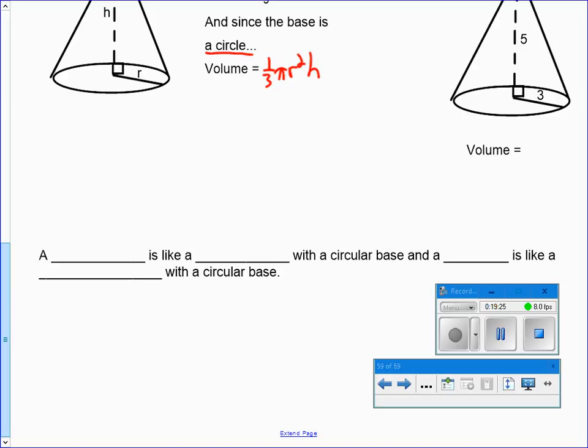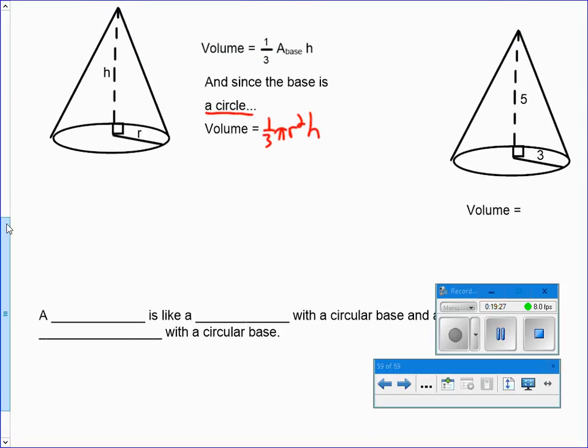So again, here's our example. We notice again that we're using perpendicular height on the cone, just like we do with the pyramid. So again, we need to make sure we're finding the area for the base first. My base is now a circle with radius of 3, which makes the area for the base 9 pi. So pi r squared.